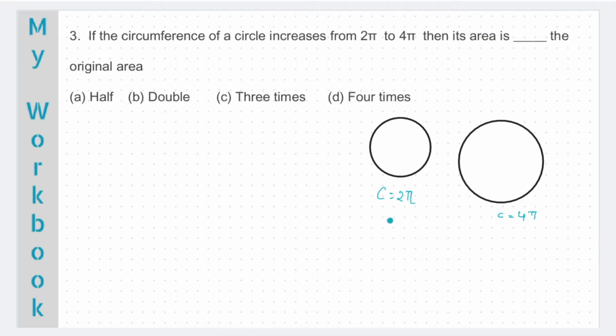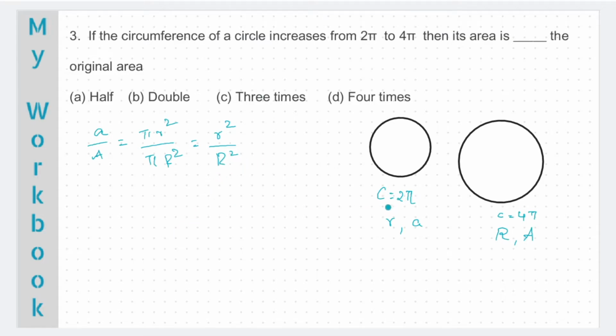Let's find the ratio of the area of this circle to the bigger circle. Let the radius of the smaller circle be denoted by r and the radius of the bigger circle be capital R. Let the area be small a and capital A. So let's find a by A. So a by A will be pi r square divided by pi R square, which is the radius square by the second radius square.